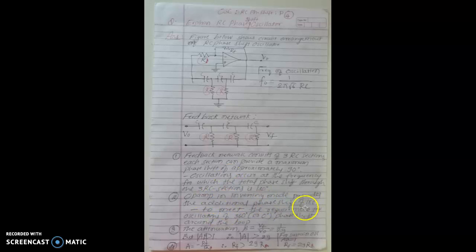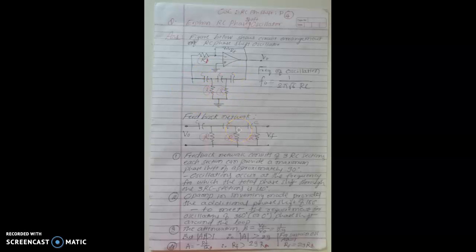Together the total phase shift is 360 degree, which is the same as 0 degree. So the Barkhausen criterion's requirement that the total phase shift should be 360 or 0 degree is met by having 180 degree from the basic amplifier and one more 180 degree from the feedback network.